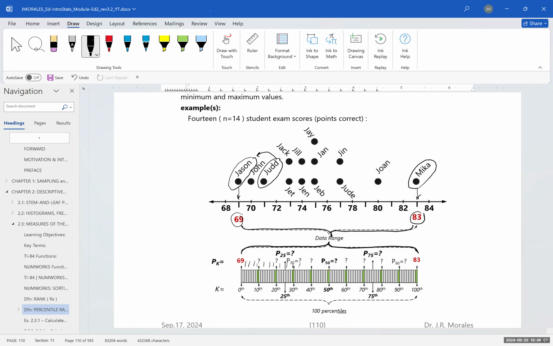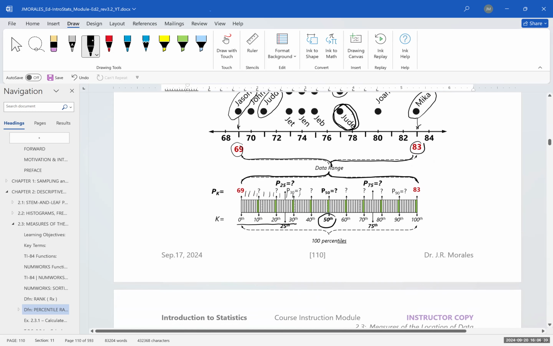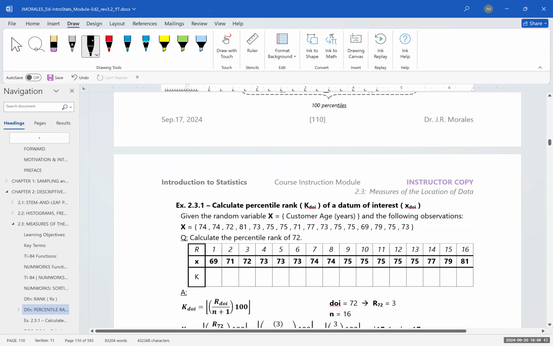We're going to look at Jin's score and see how it is ranked relative to everyone else, and we only care about everyone else. So we're taking a particular datum of interest and getting an associated percentile rank out of it. Let's stop talking about it and actually do something with it.